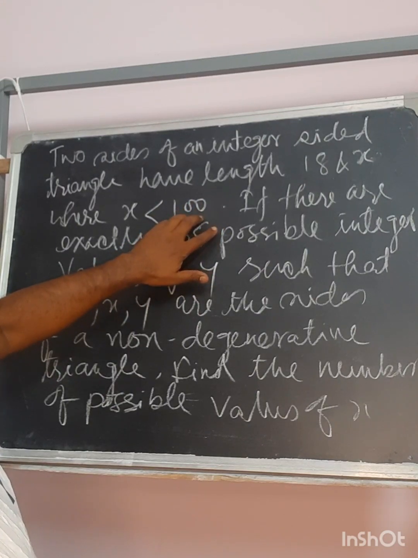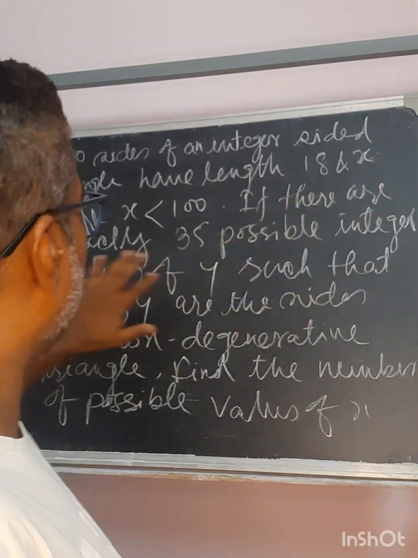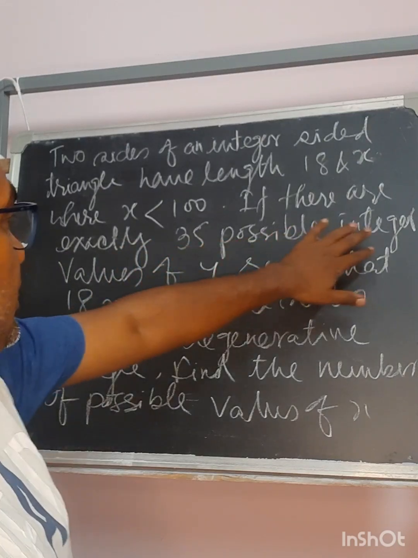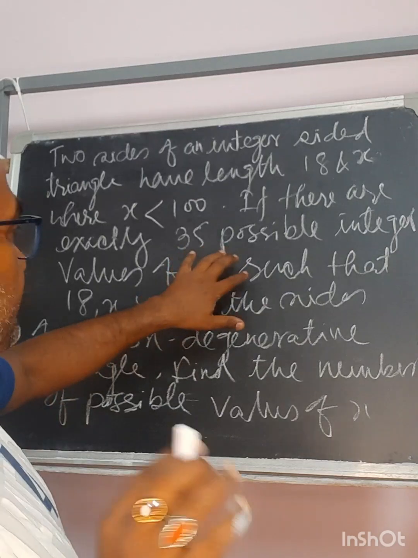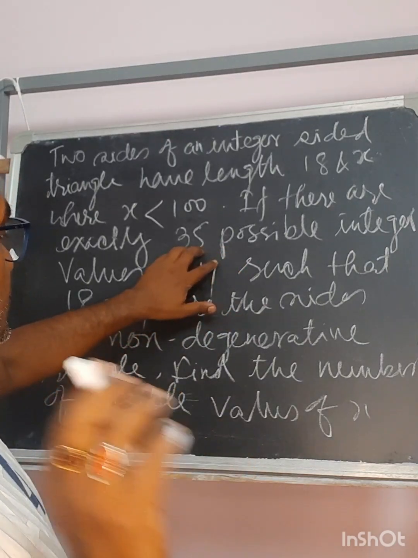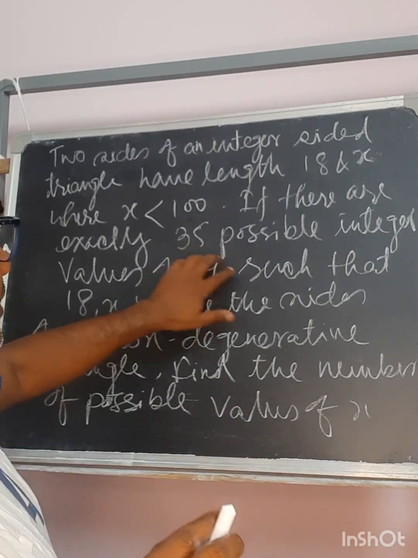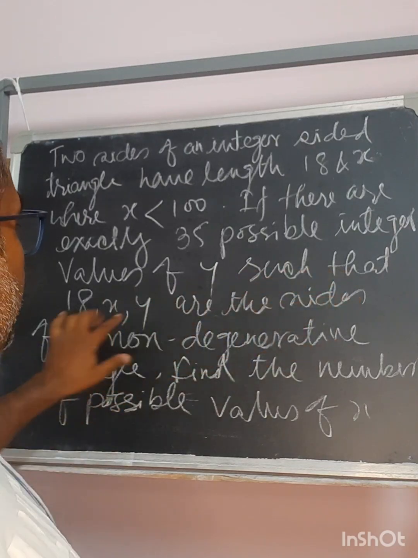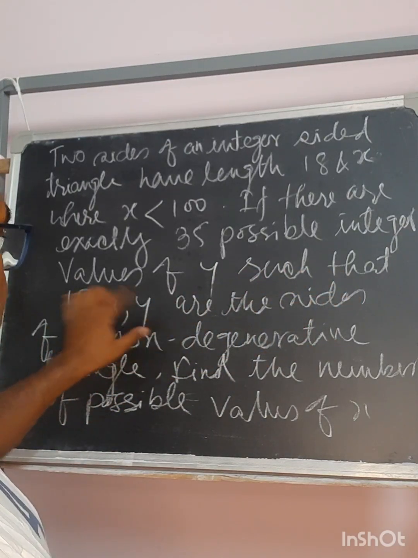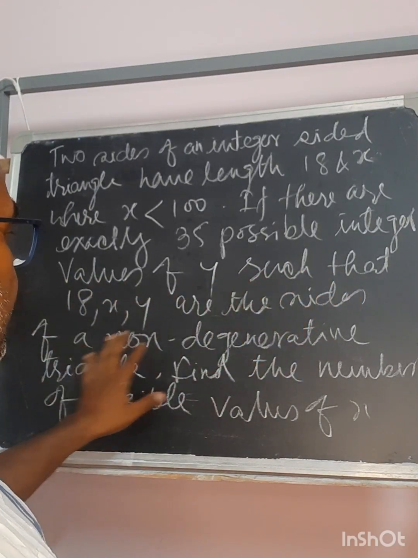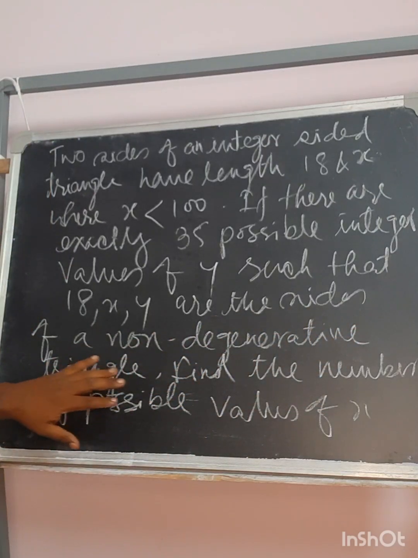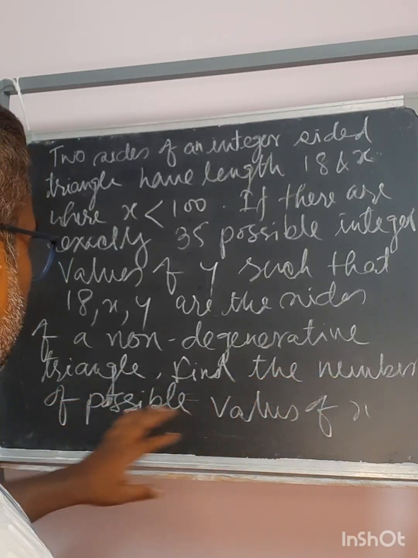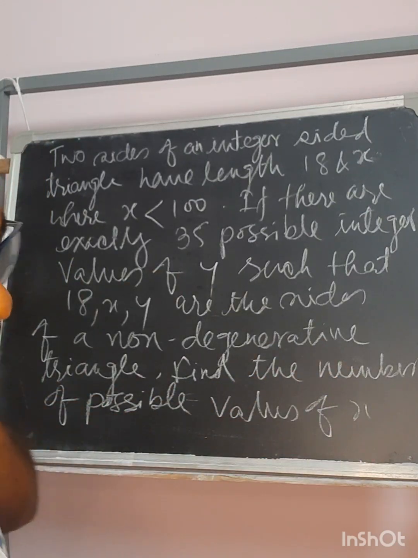This is the limitation of x values. If there are exactly 35 possible integer values of y as the third side of the triangle, such that 18, x and y are the sides of a non-degenerate triangle, find the number of possible values of x.